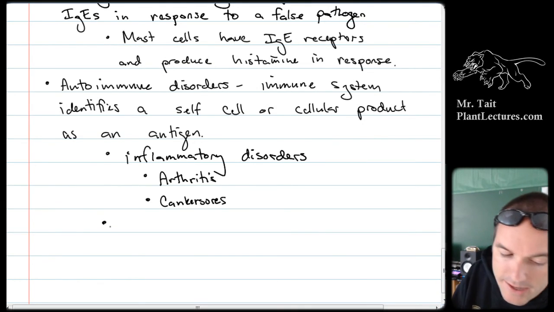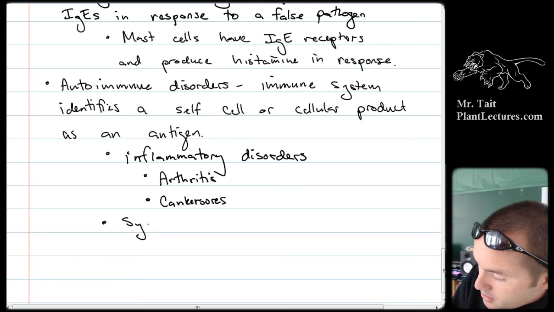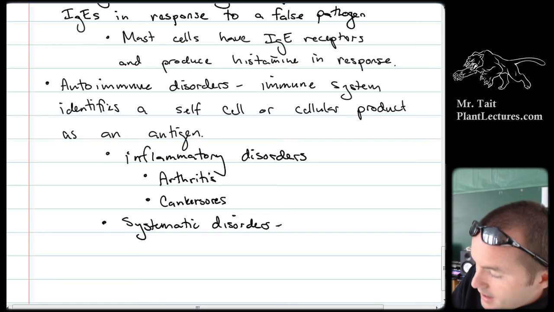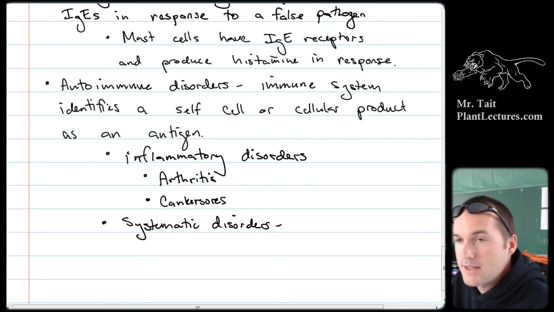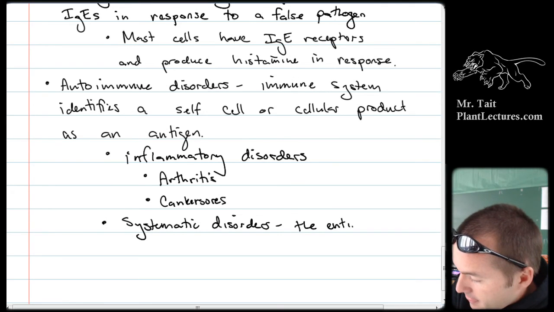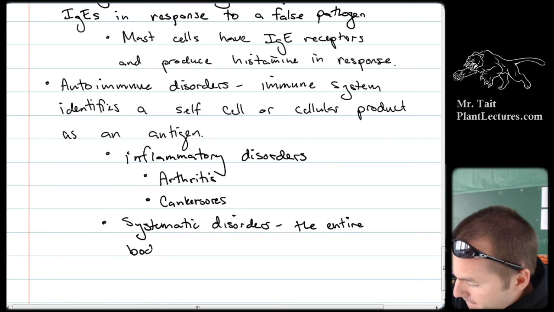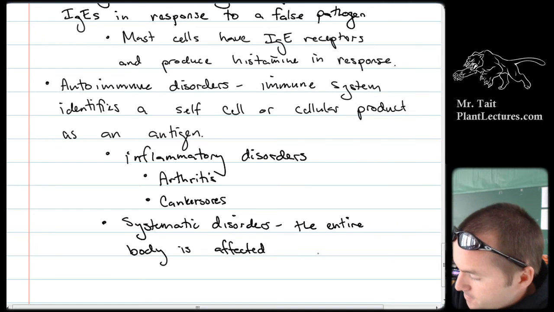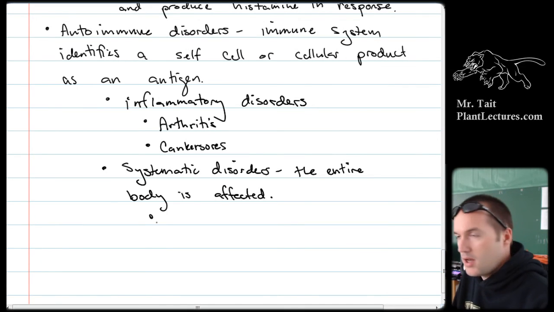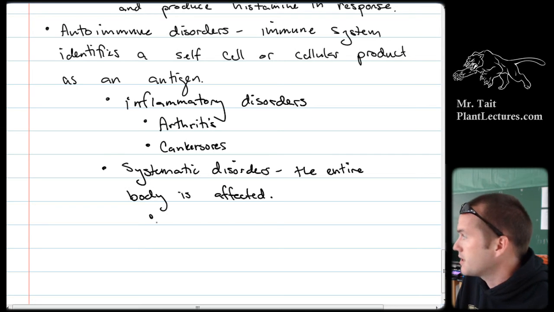These can be further divided into saying that you've got things like systemic disorders. Okay? A systemic disorder is something that is going to affect the entire body. Okay, so cells in all organs and organ systems and parts of your body get affected by these.